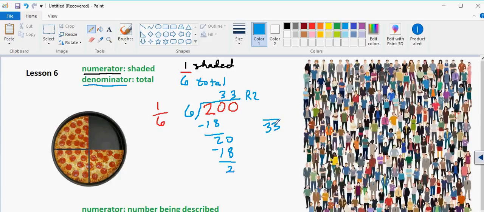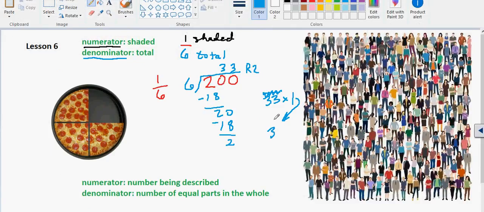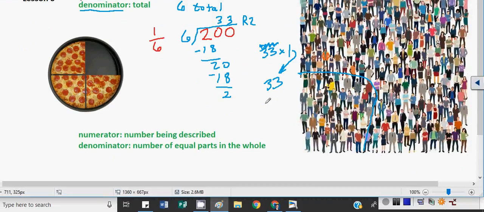If 33 is our total number in each sixth, then we want to multiply that by the number of sixths we want. So how many sixths? We just want the 1. This is describing how many, and then we multiply by how many sixths we want, which is just 1. So roughly, because there was a remainder, 33 people would make up 1/6 of this group.